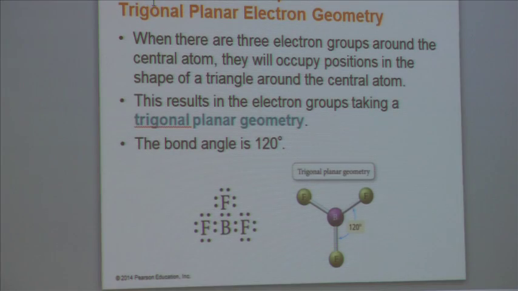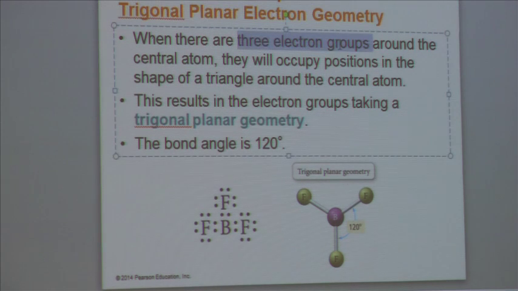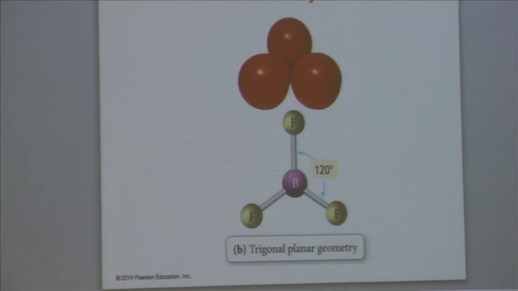Or we could have the trigonal planar electron geometry, where there are 3 electron groups, as in boron trifluoride, with a bond angle of 120.